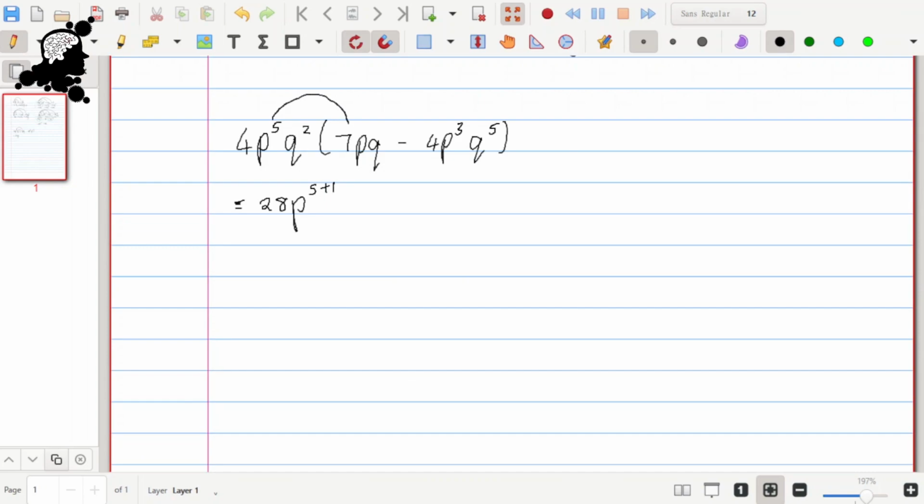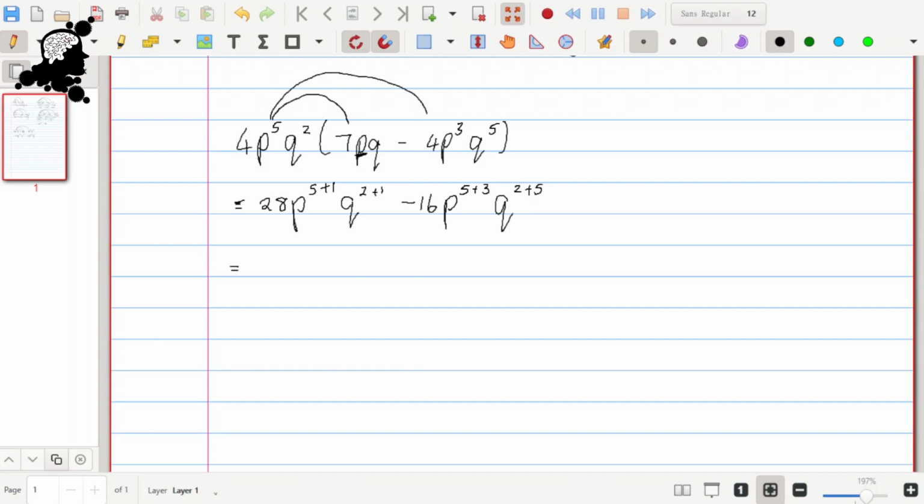The 1 is coming from the exponent of p here. Then we say q to the power 2 plus 1. We are now adding the exponents. Next, this multiply by that. 4 times negative 4 is going to give me negative 16. This is going to be p to the power 5 plus 3, q to the power 2 plus 5.